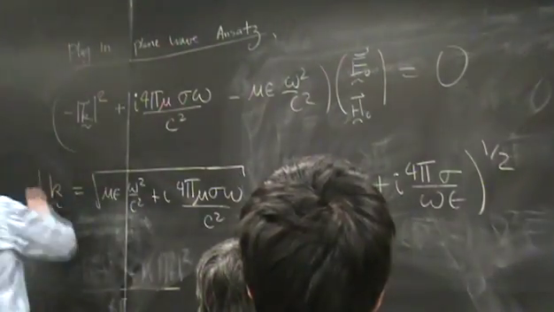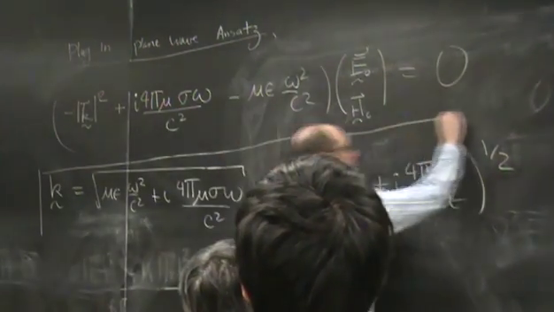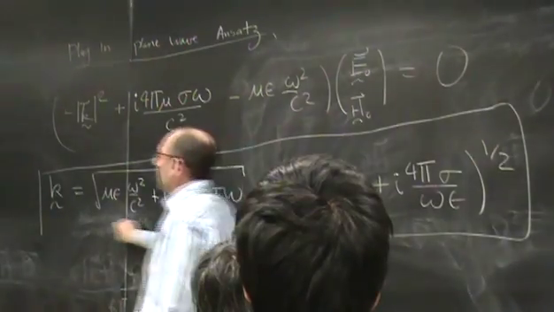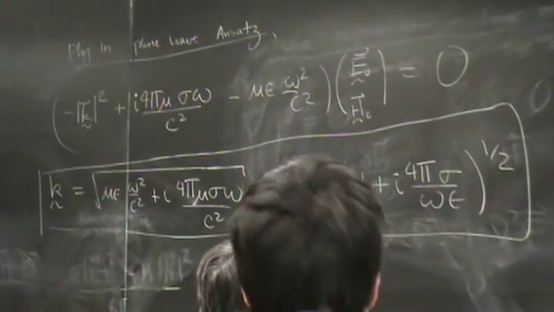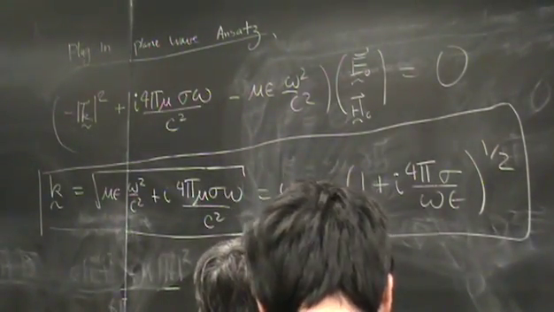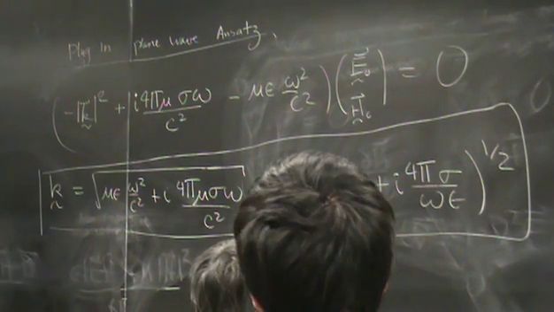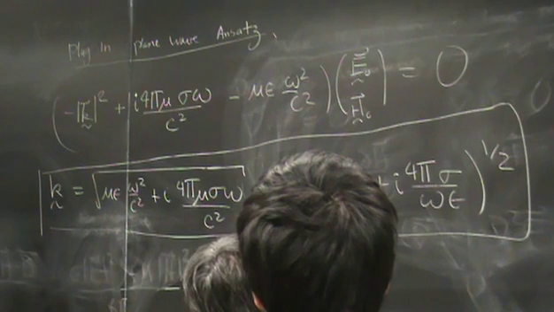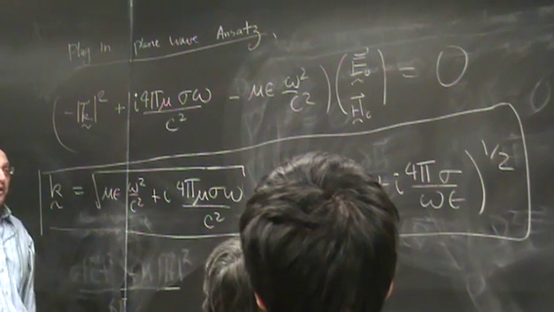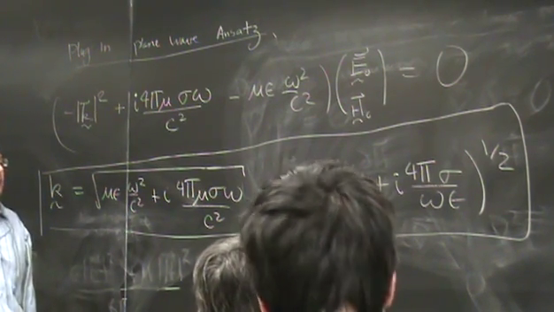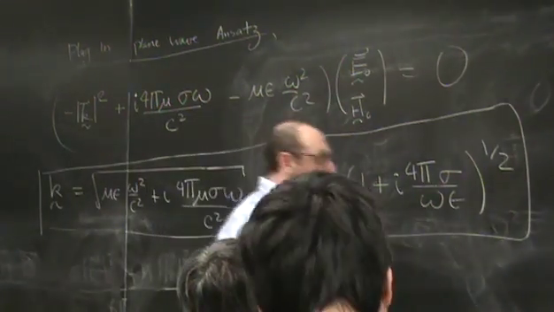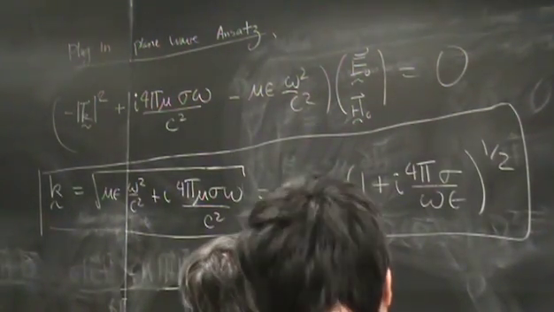So we have a very different kind of dispersion relation inside the conductor. Our wave number, as written here, is a complex wave number. It has a real and imaginary part. What does that physically mean?